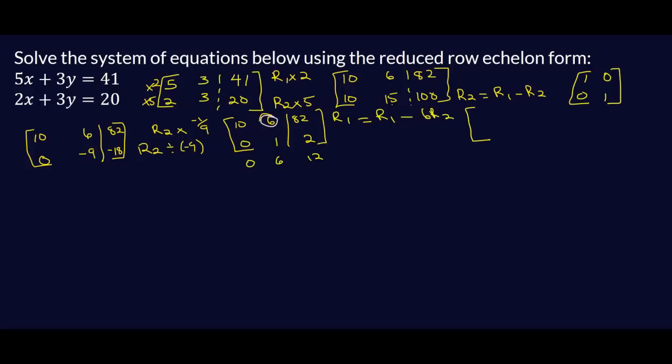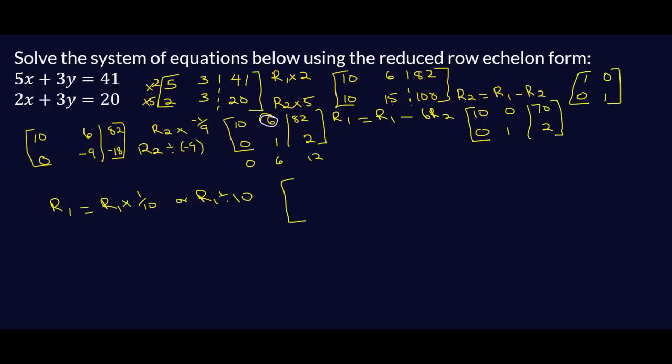So what we have here is row 1 minus 6 row 2. So 10 minus 0, we have 10. 6 minus 6, we have 0. 82 minus 12, we have 70. And then row 2 is 0, 1, 2. So now we're going to go ahead and say row 1 is equal to row 1 multiplied by 1 over 10, or row 1 divided by 10.